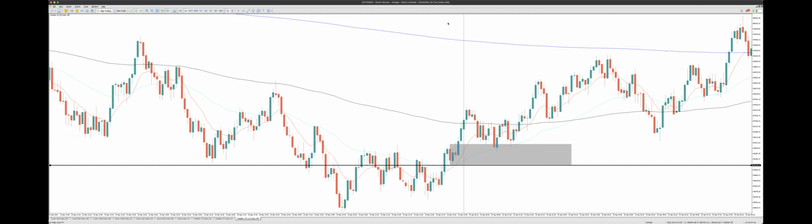There is your order block from here. So you can just adjust it. Okay, just put it here. So that's your order block there.